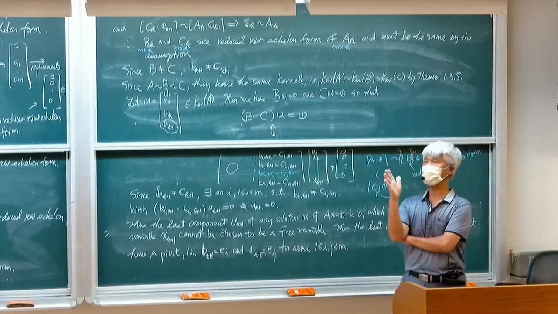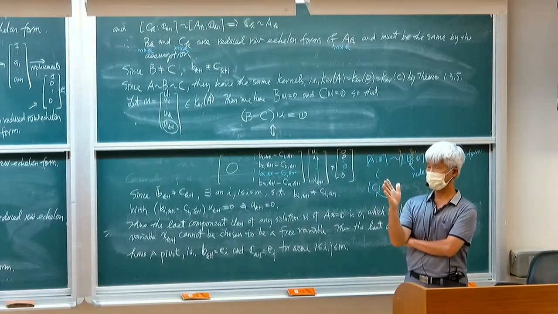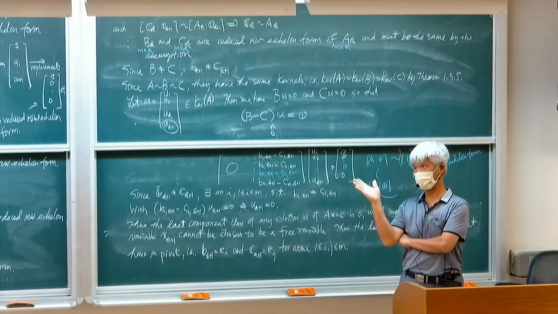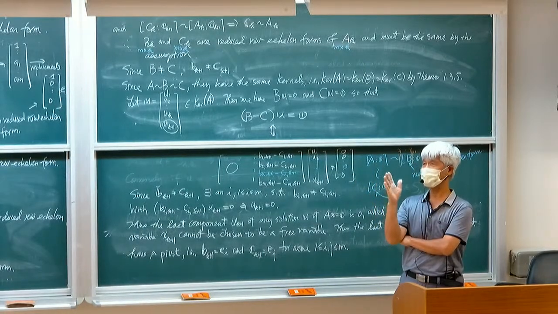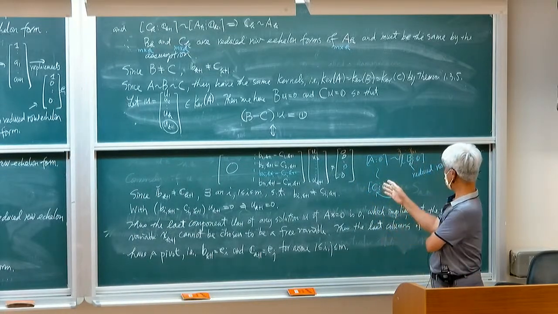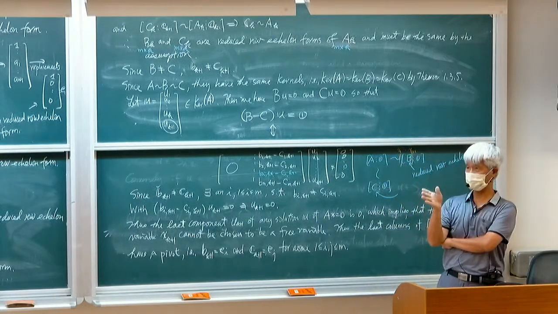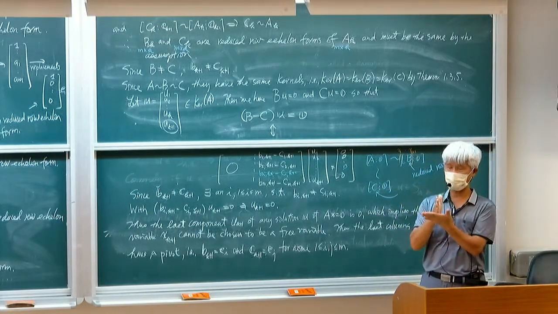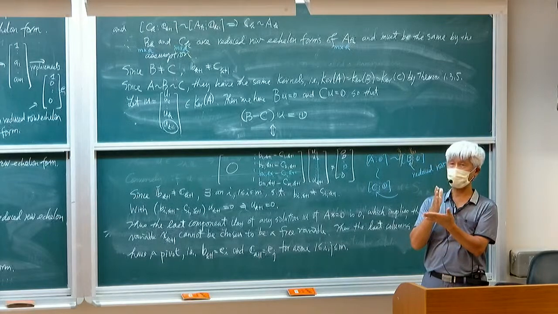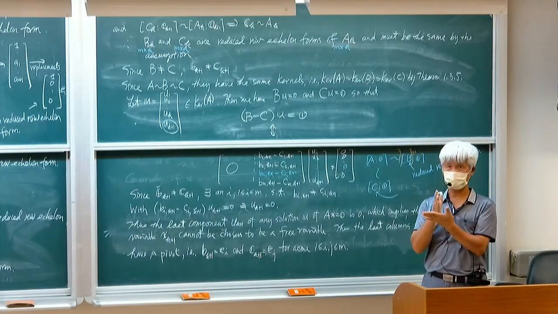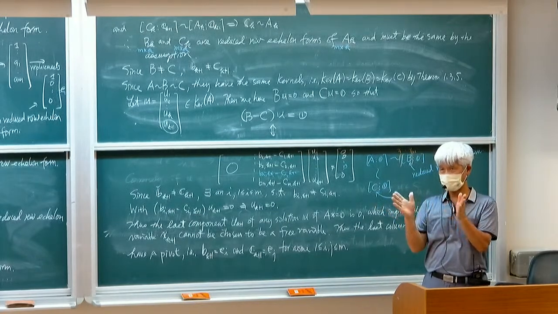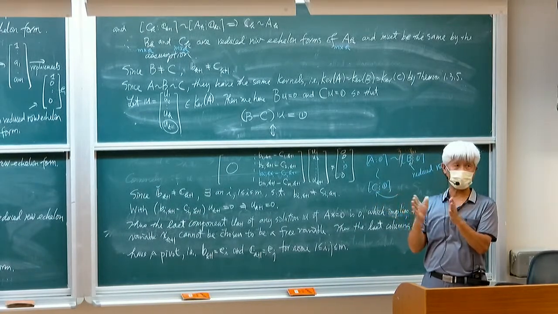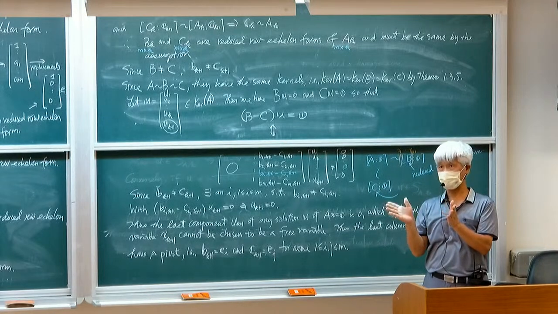Because every column has a corresponding unknown variable, if the column contains a pivot, the corresponding variable will be dependent. So if we have k pivots, then we will have k dependent unknown variables, and the remaining n minus k variables can be chosen to be free.